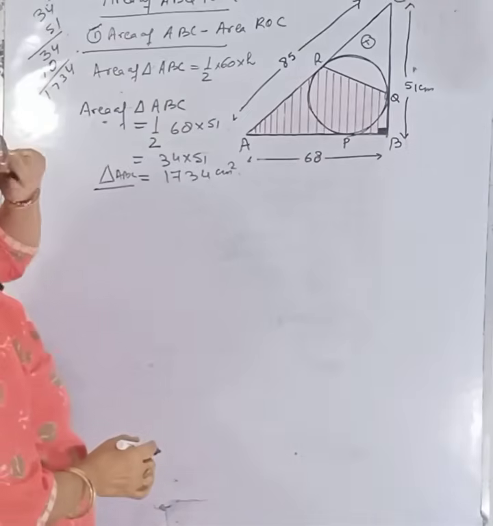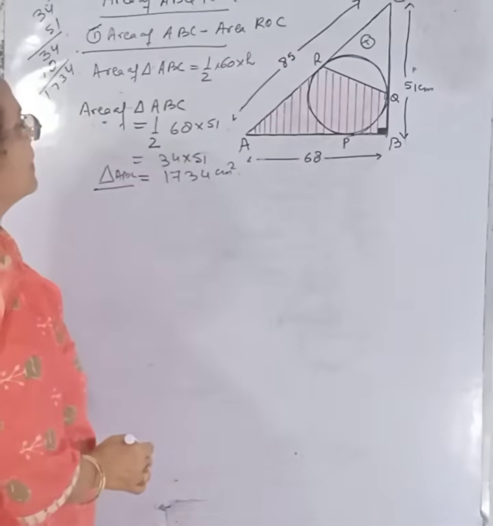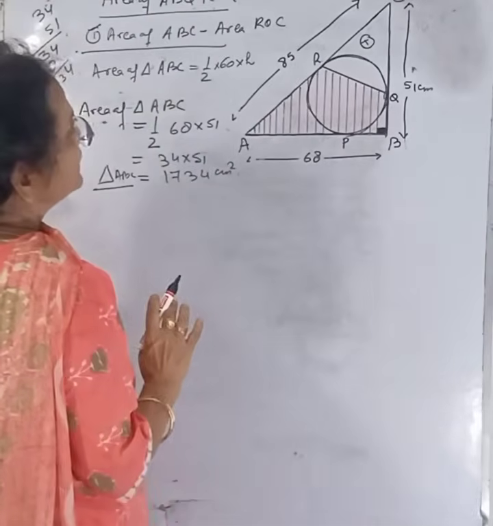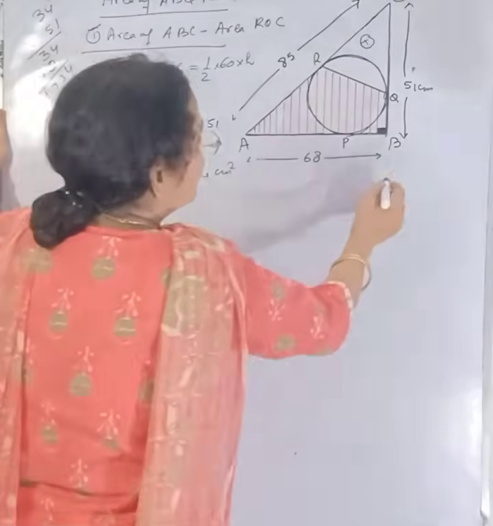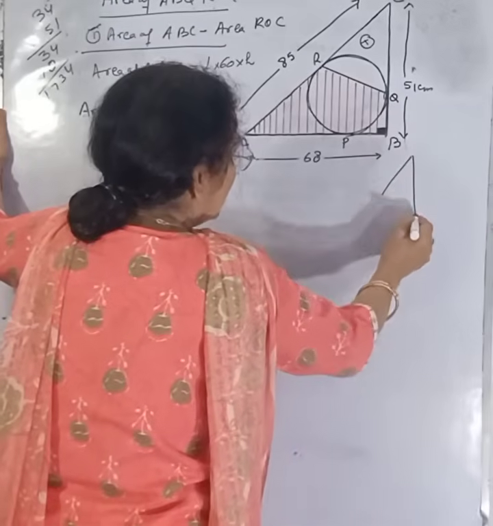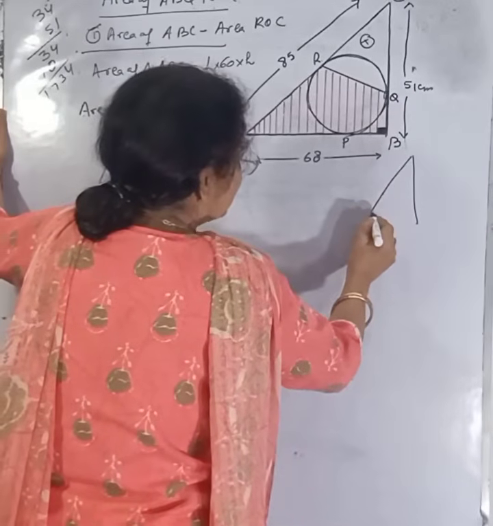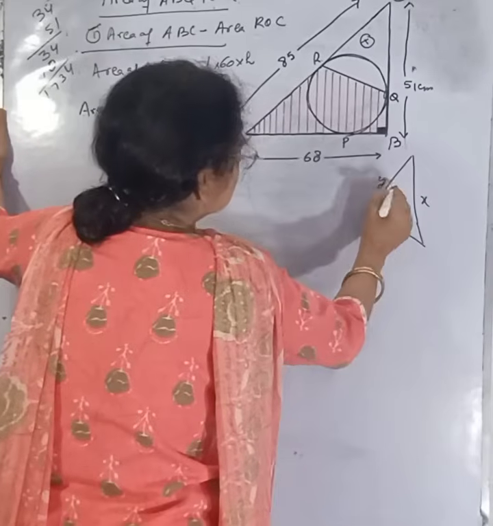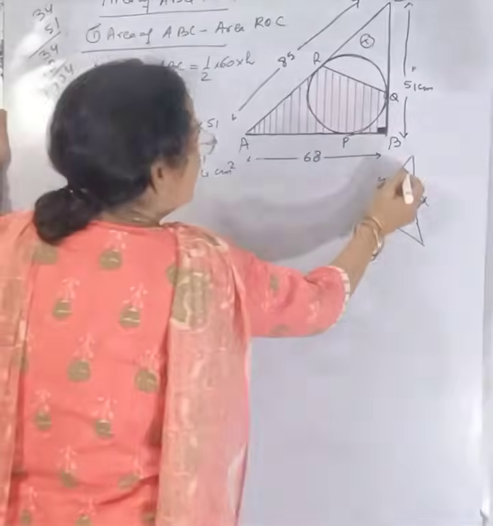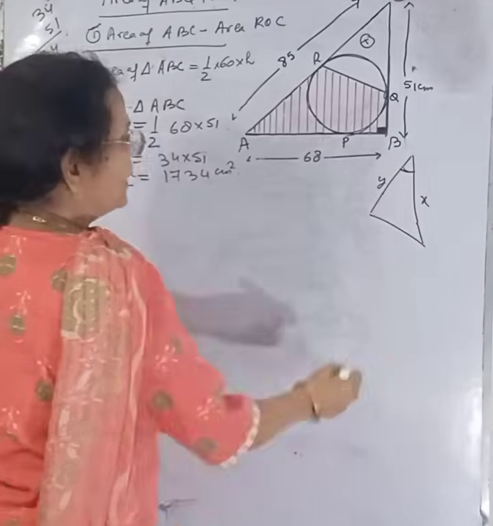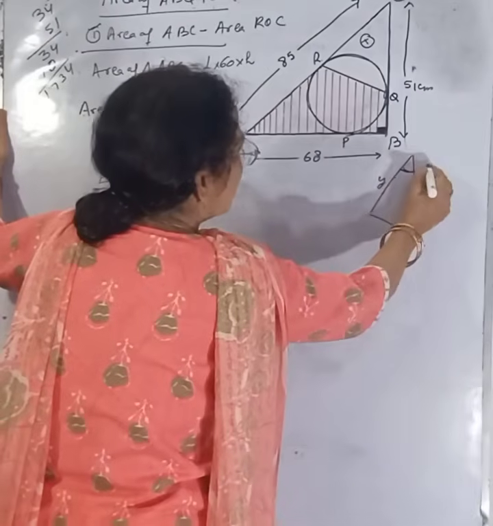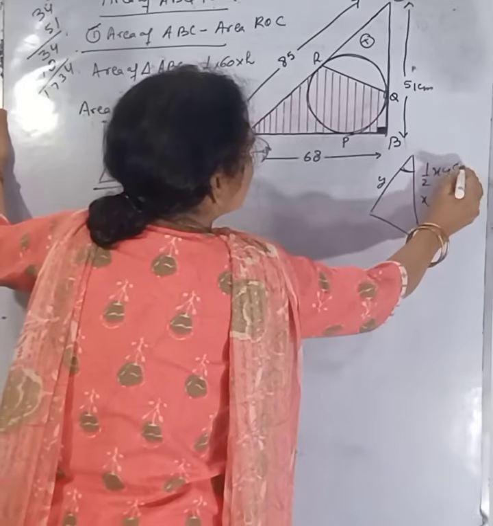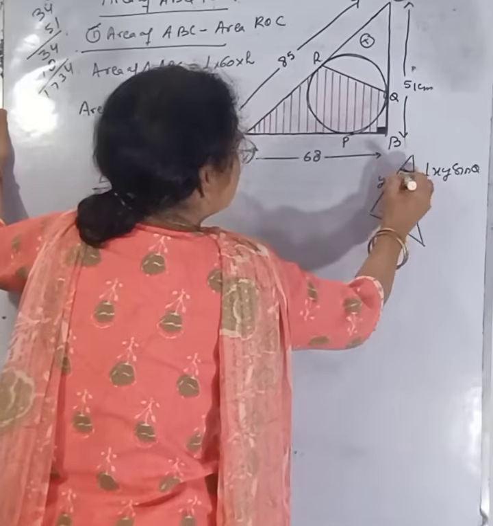How can we find this? Let us suppose, it is known to us that area can be obtained for a triangle. If any triangle is there with sides x and y, and the angle between them is known to us, then the area of this triangle can be written as 1 by 2 x into y into sine of the angle between them, that is theta.